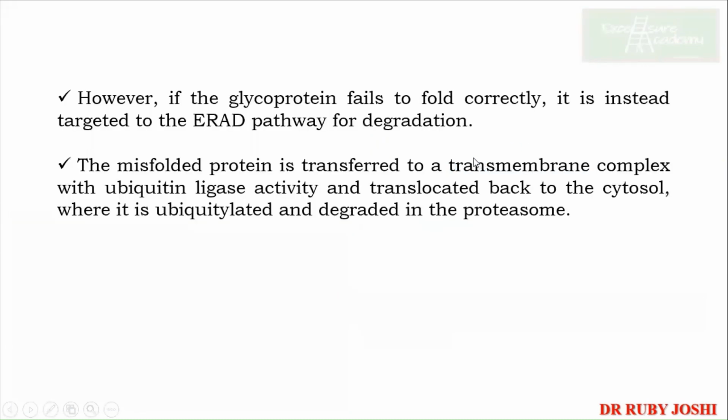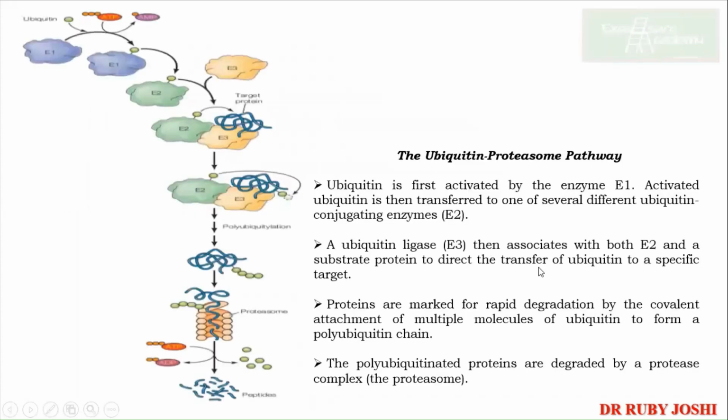However, if the glycoprotein fails to fold, it is instead targeted to the ERAD pathway, and the misfolded protein is transferred to the transmembrane complex with the ubiquitin ligase and translocated back to the cytosol, where it gets degraded in the proteasome. We have already discussed how the proteasome helps in degradation. E1, E2, E3 are there. E1 carries a ubiquitin on ATP activation.